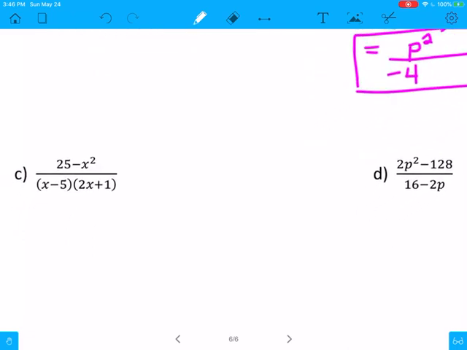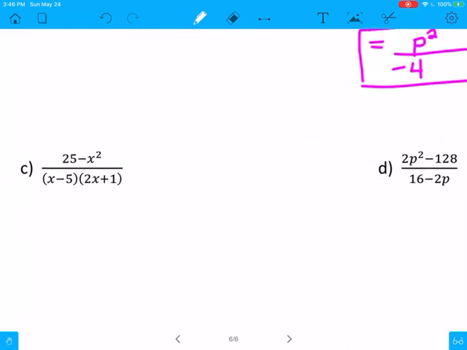Two more left. So these are all ones where you have to take out a negative in order to get them to match. So you can try this one out on your own. Pause it. All right.